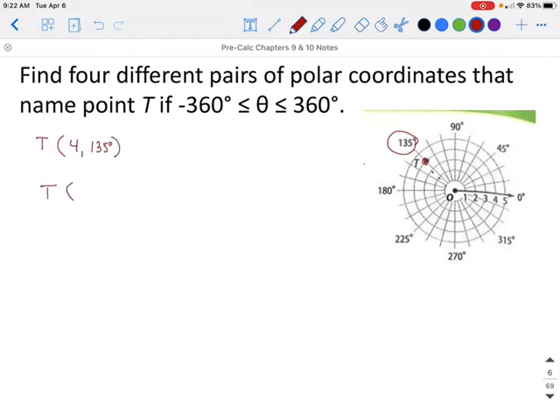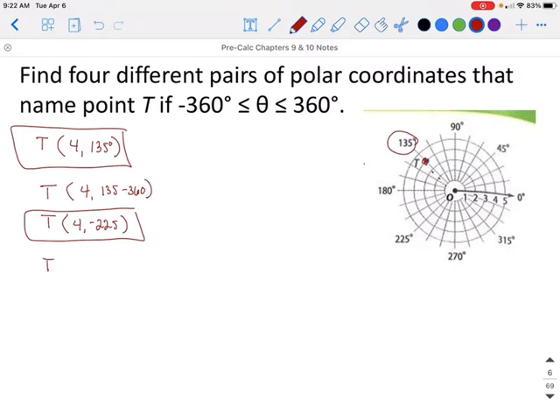Now to get another point that falls between negative 360 and positive 360, I can do 135 and subtract 360. So our next value for T could be 4 and negative 225. So we have 2 different answers that fall between 360 and negative 360.